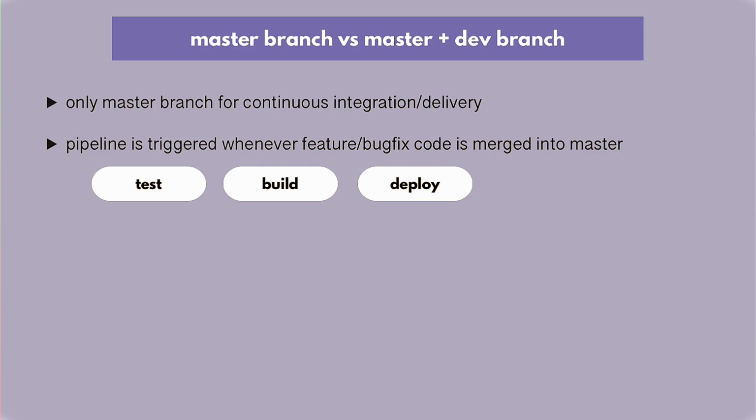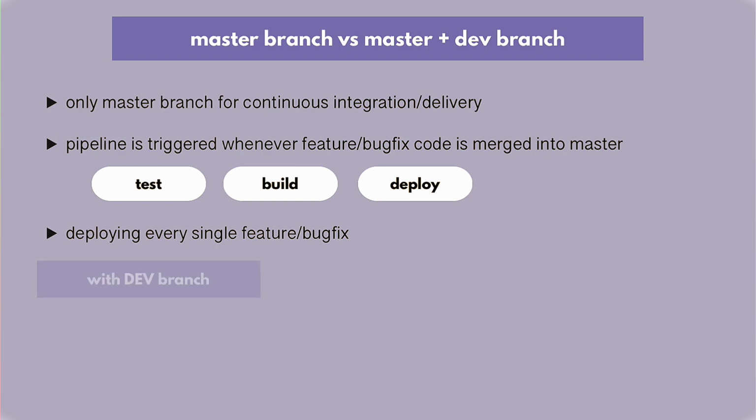So that's continuous delivery. And for that, you don't need a dev branch, because you're not collecting your changes and then at the end of the sprint merging it to master and deploying it, but rather you're deploying every single bug fix, every single feature right to staging server. That's important to understand.